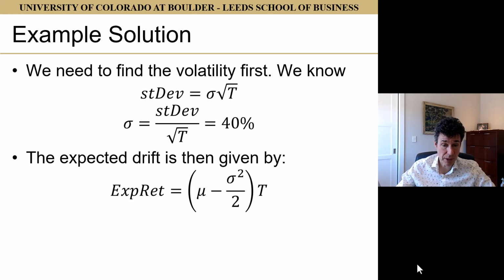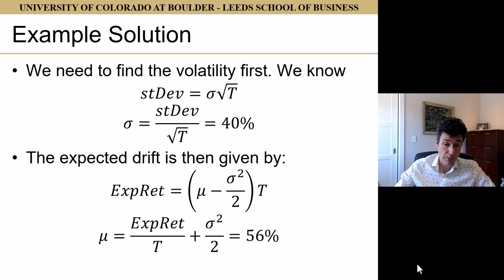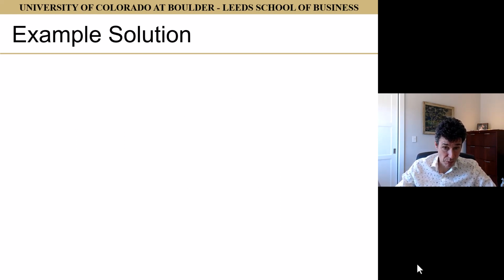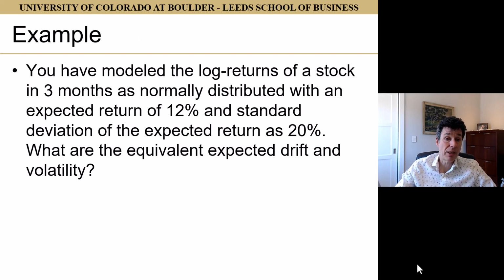The expected drift then is given by expected return equals mu minus sigma squared over 2 times t, or mu equals expected return over t plus sigma squared over 2, or 56%. And again, it's a big drift because we have assumed that in 3 months we're expecting to make 12%, so you need a pretty significant drift in order to get that.